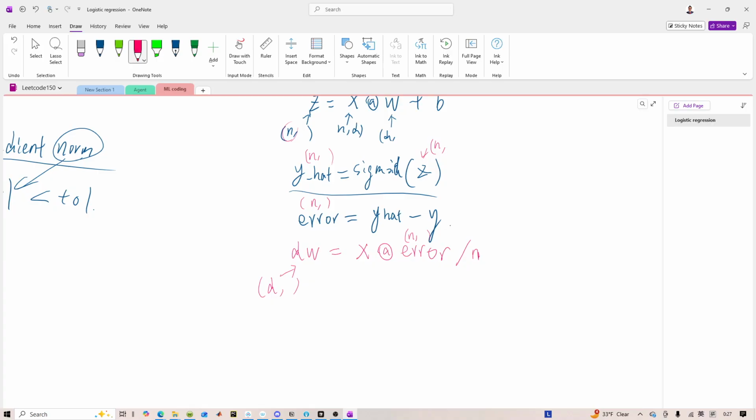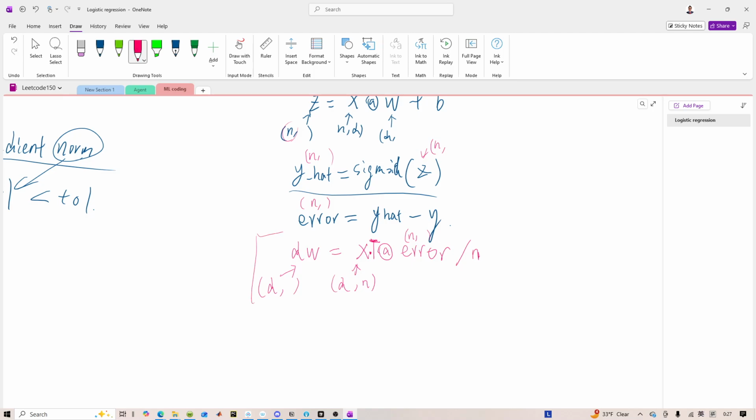So in order for this to be a d, we would need this item to be dn. So that's exactly x transpose, which is x dot T.